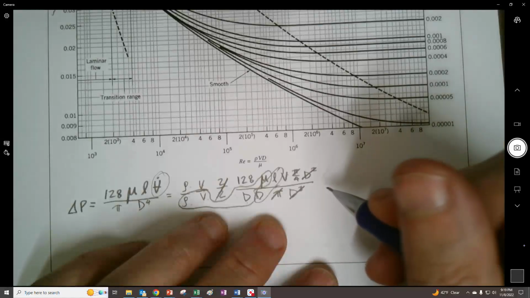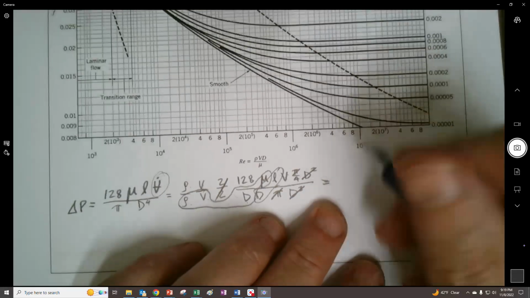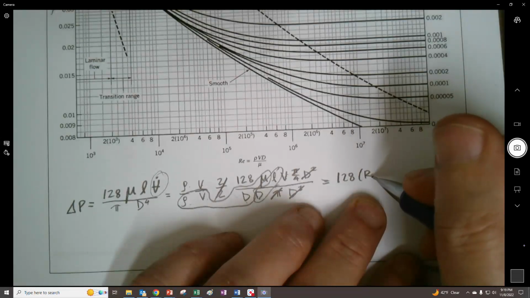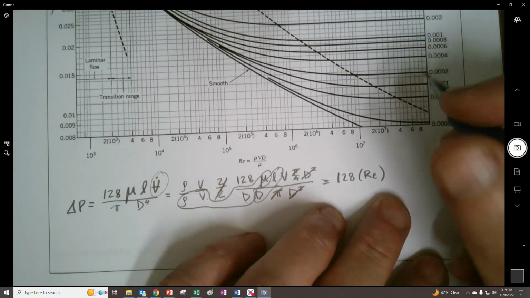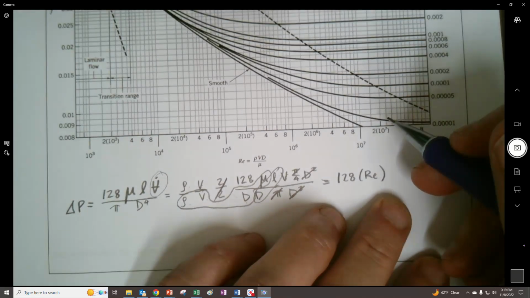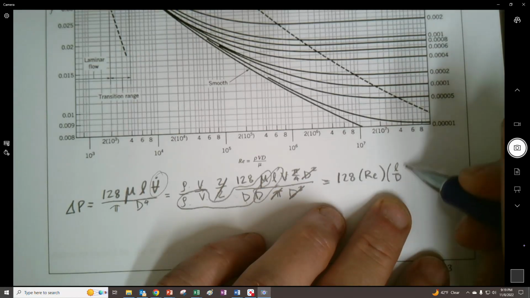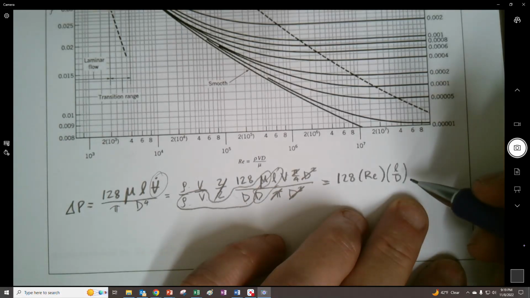So let's see if we can put this together. 128 times our Reynolds number times L over D, and I think I'm going to have another rho v.